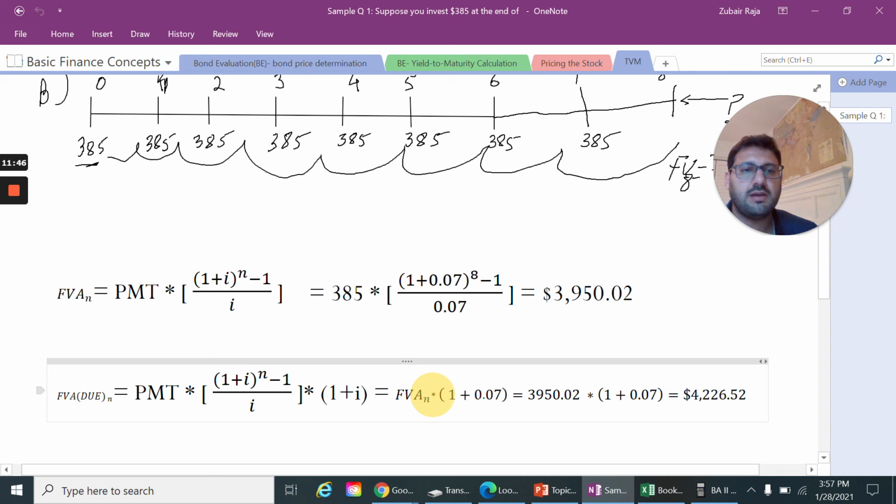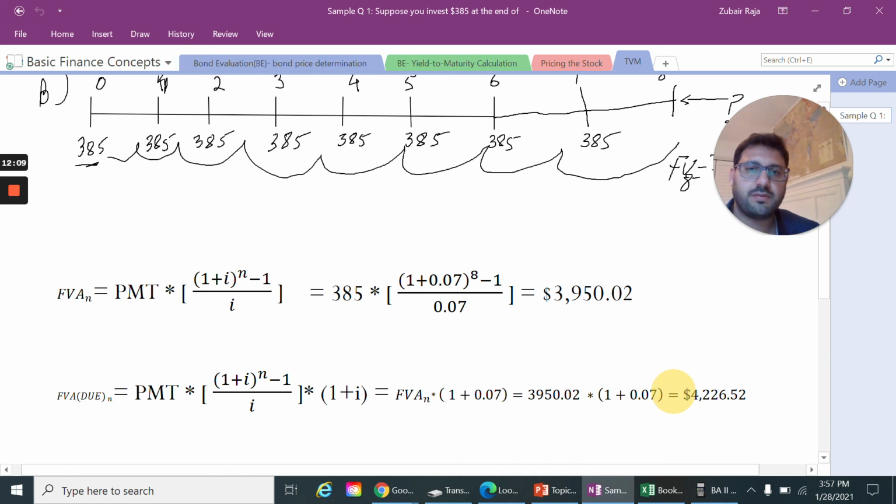This will give me the final answer for the annuity due. So 3,950.02, which I have found over here, multiplied by 1 plus the interest rate, will give me 4,226.52.